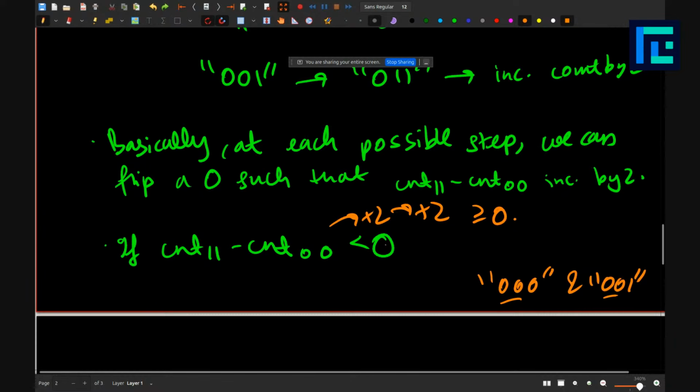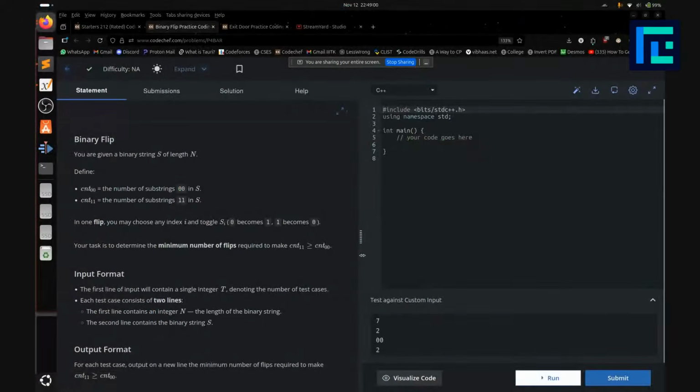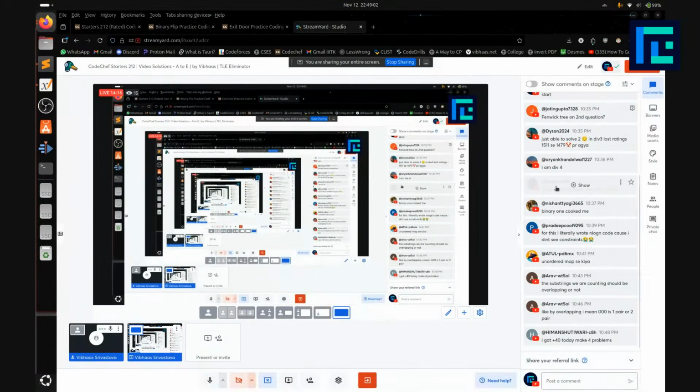If the number of 0 0 is greater than the number of ones, then definitely we'll have either this pattern or this pattern. And by flipping a single bit, we cannot change more than 2. So always we are doing the maximum change possible, which is a +2 change. I hope that is clear.